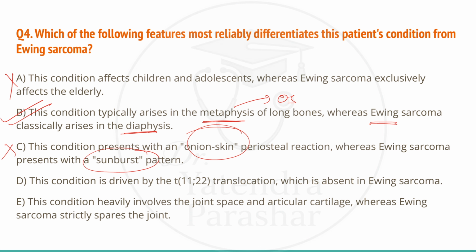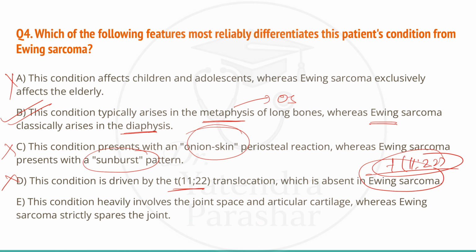Option D. This condition is driven by the 11;22 translocation, which is absent in Ewing sarcoma. No, Ewing sarcoma actually is associated with the 11;22 translocation. So this is also the wrong option.